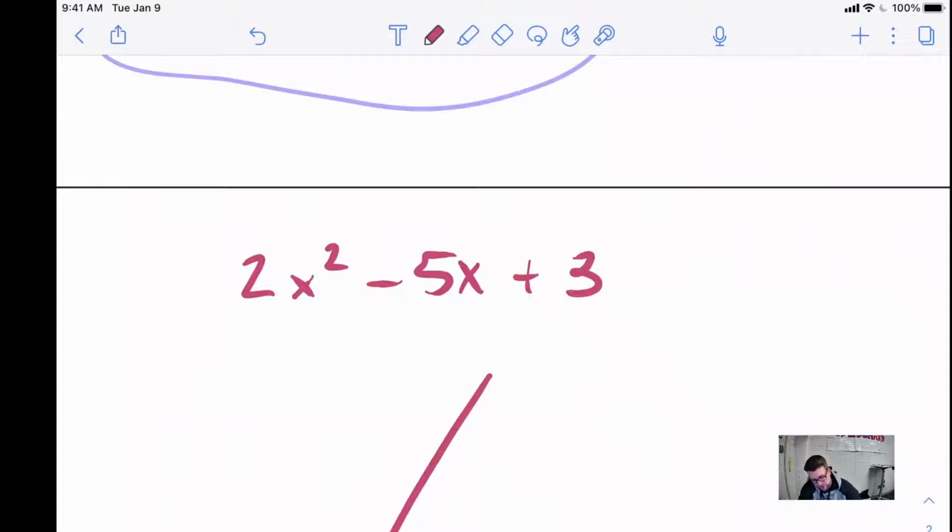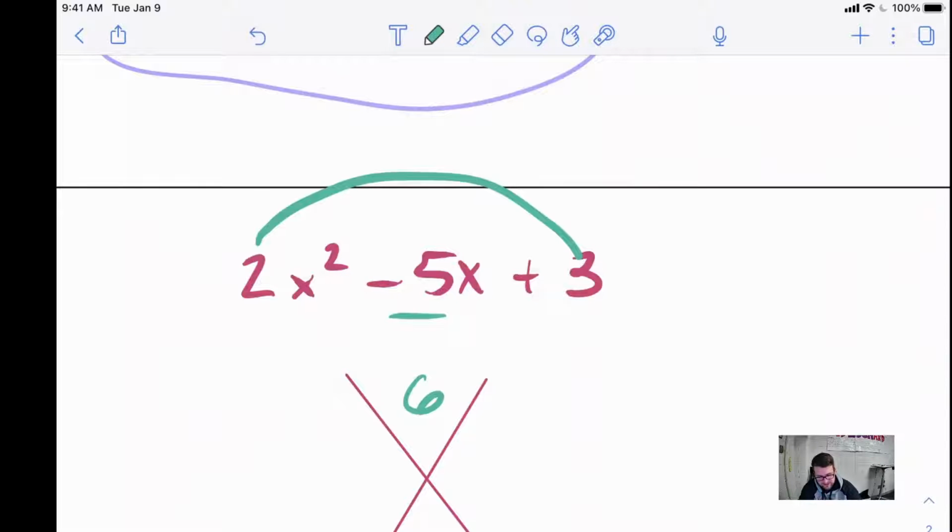So when we come over here and want to factor this thing, you're going to make your x. Remember, to get the top number, you want to multiply 2 times 3, that's going to give us 6, and -5 is going to go on the bottom. Now this is going to be 2x over and 2x over.